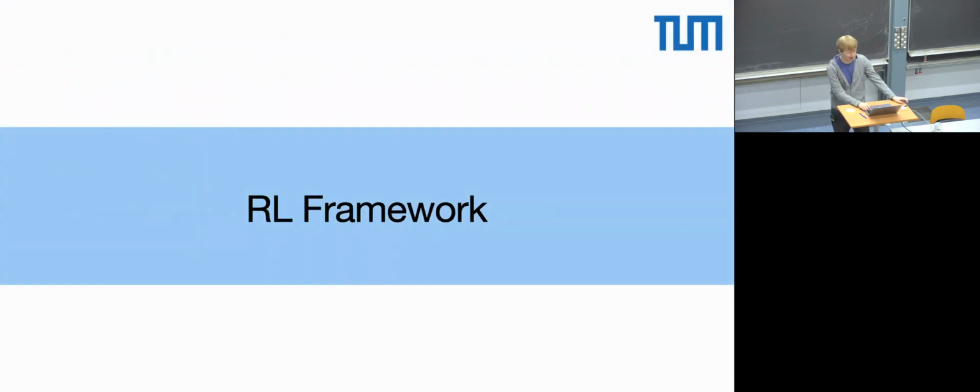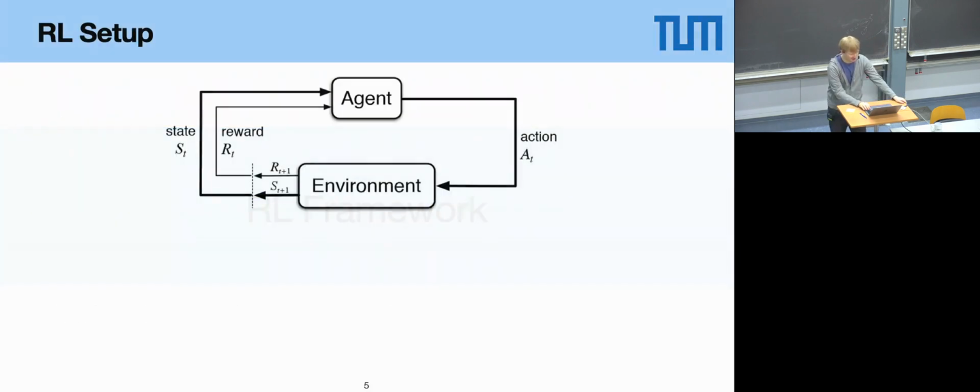So let's start with the reinforcement learning framework. If you've ever looked into reinforcement learning before, then it's very likely that you've seen a figure like this one. It's a schematic drawing of what I already began to explain, this idea of interacting over time. This is what reinforcement learning is all about. So let's go through it. We have an agent.